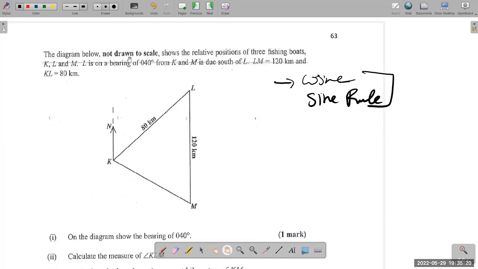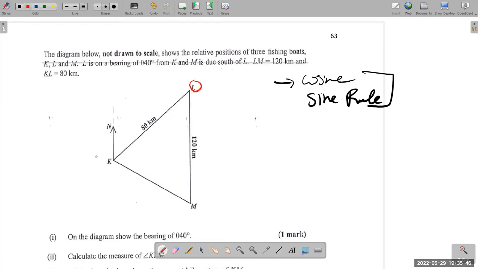So let's go. The diagram below, not drawn to scale, shows the relative positions of 3 fishing boats. What are the 3 fishing boats? K, L, and M. So we see these are 3 different fishing boats. L is on a bearing of 040. Is that in the picture? So guess what I'm going to do? I'm going to put it in, because look at it.